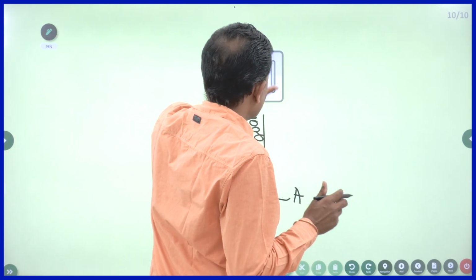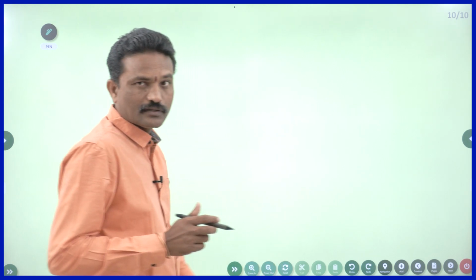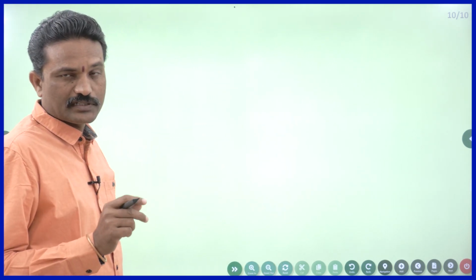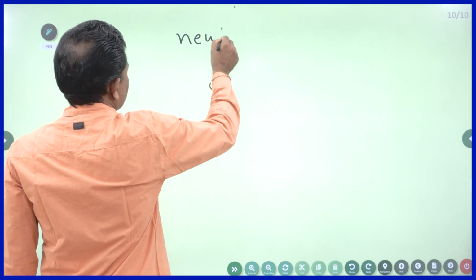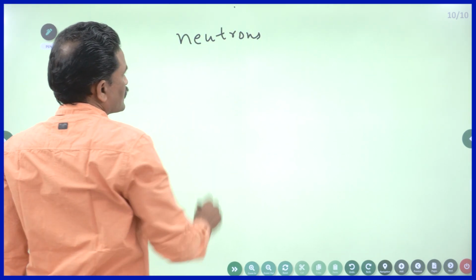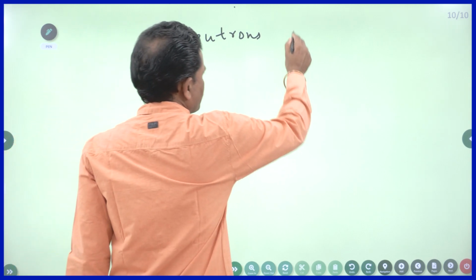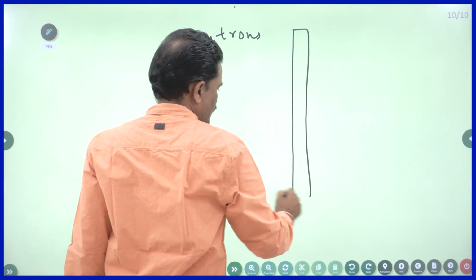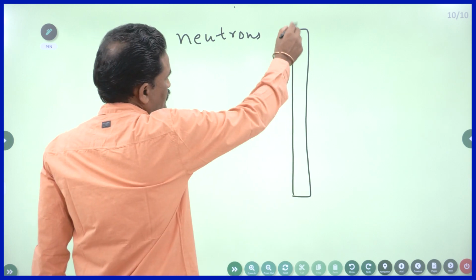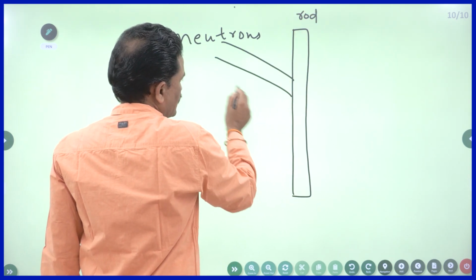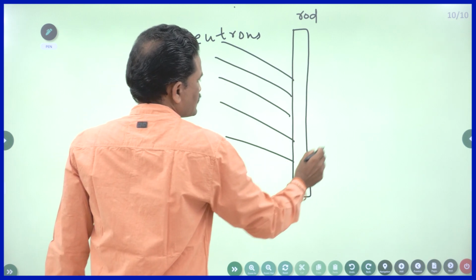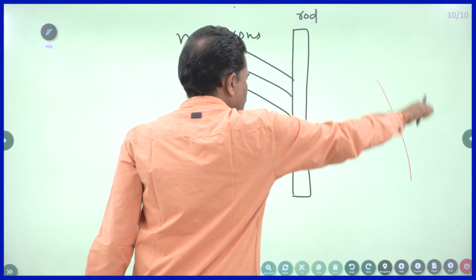Now, what about control rods? Which is responsible for nuclear reaction? Neutrons are responsible. If I introduce something into the nuclear reactor, as soon as I introduce this rod, if it is able to absorb all the neutrons, if it eats all the neutrons, further reaction is stopped.